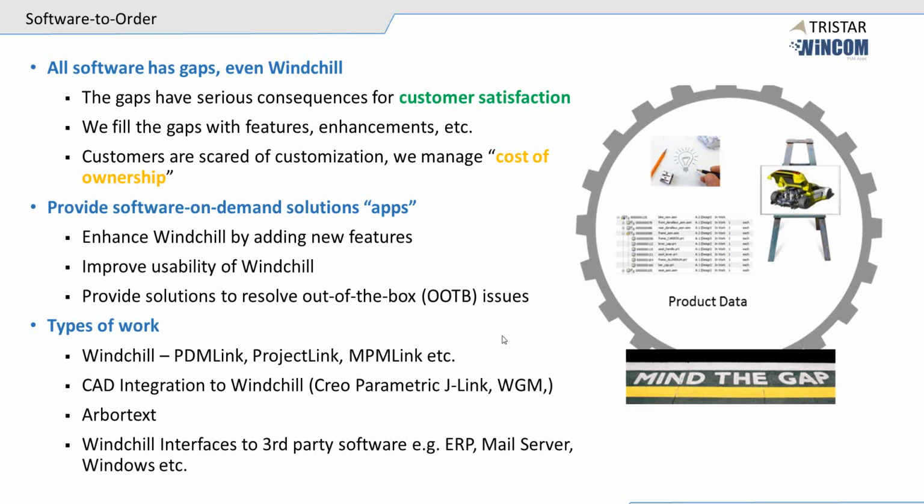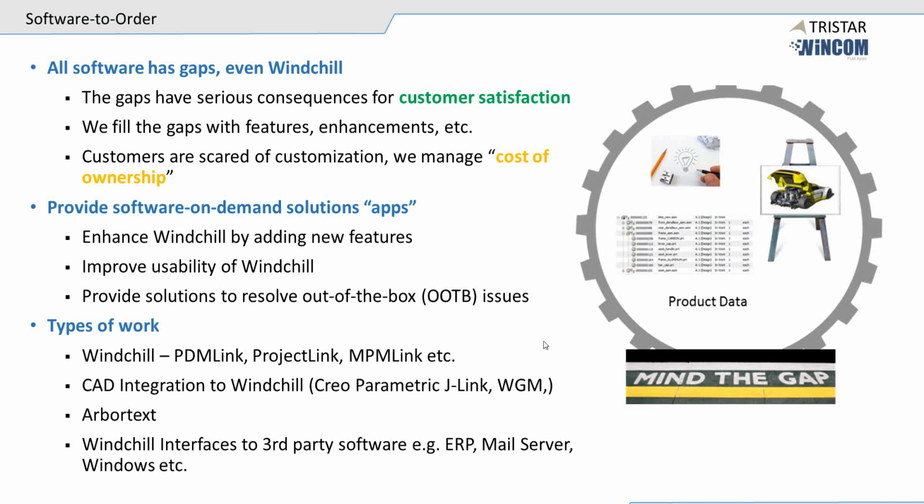These apps also are available under maintenance, just like software maintenance for your PTC products. So if you do decide to release or upgrade to, for example, Windchill 11 later this year, support for upgrading some of these apps, if they've been designed for your specific environment, could also be included in that maintenance agreement.